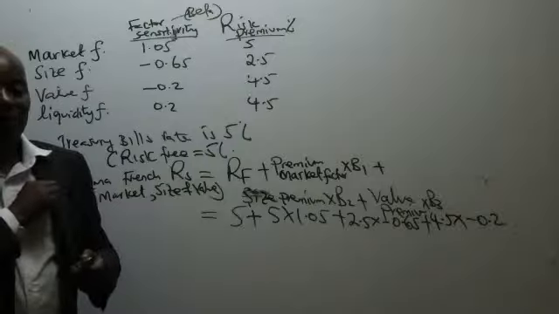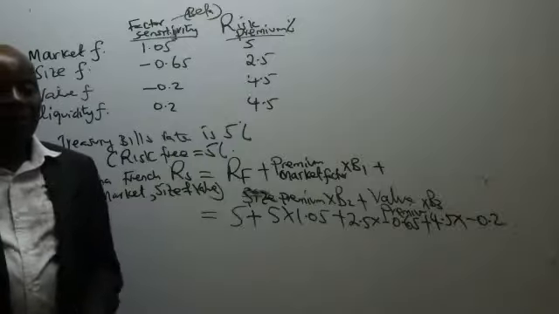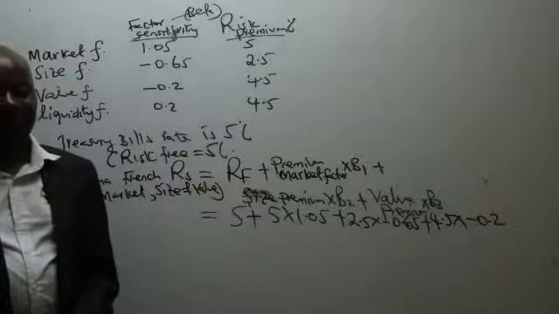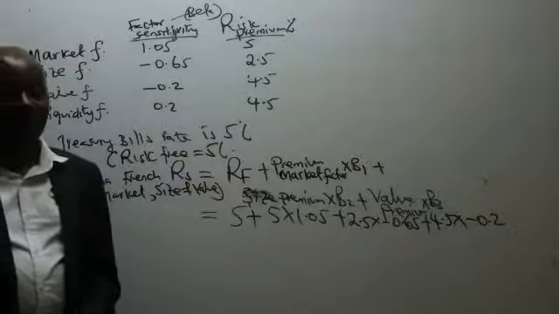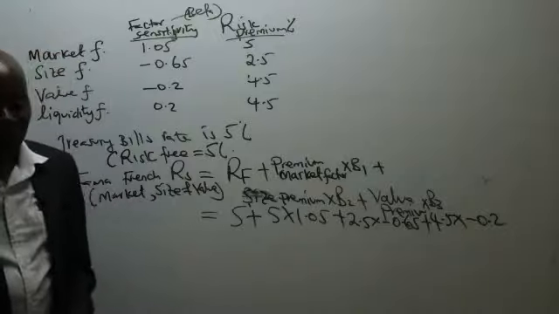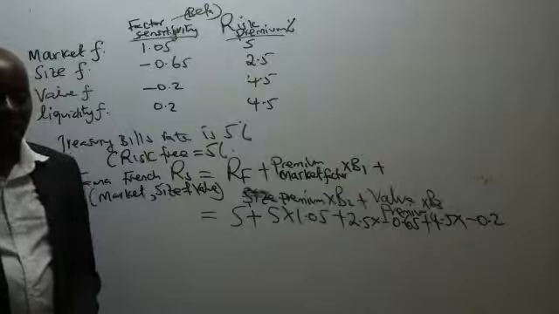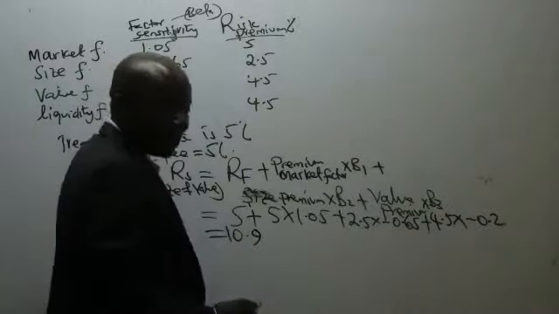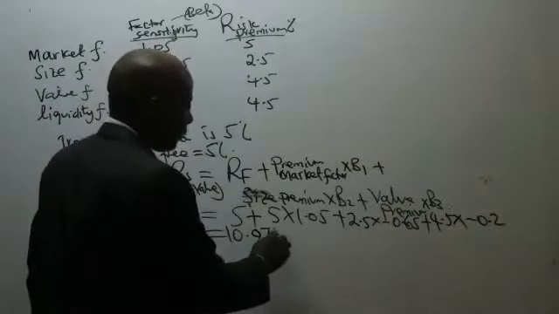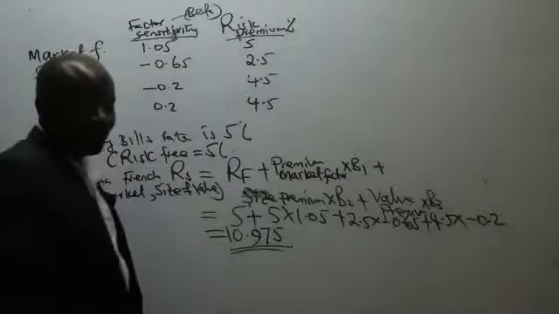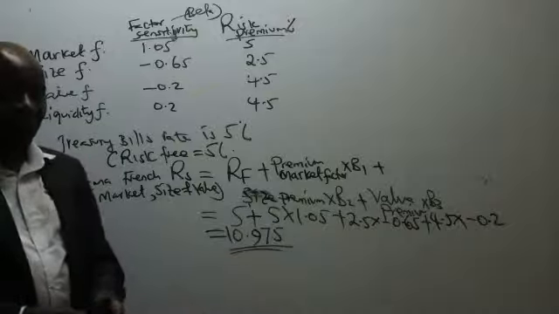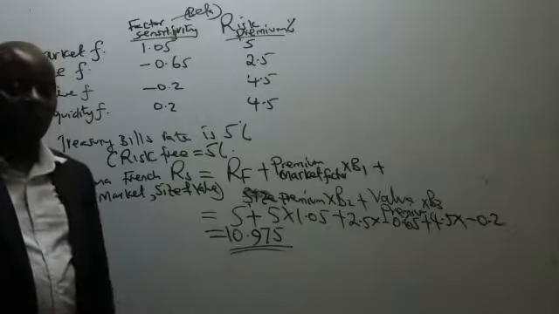Is there somebody who can give me the value? Anybody who can give me the Fama-French returns? According to Madam Ellen, the Fama-French returns are supposed to be 10.975. Is there anybody else able to get this figure?